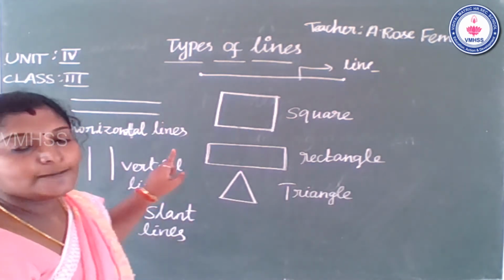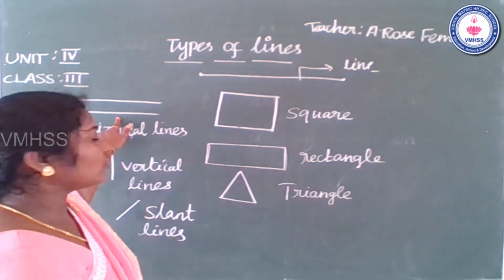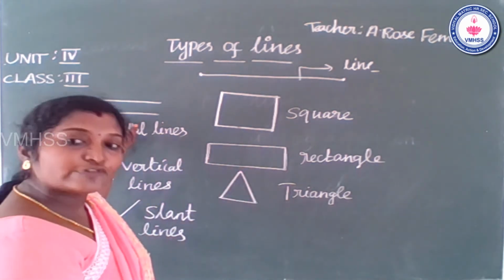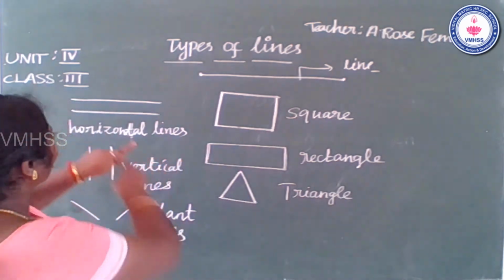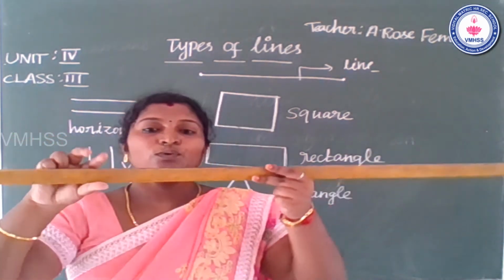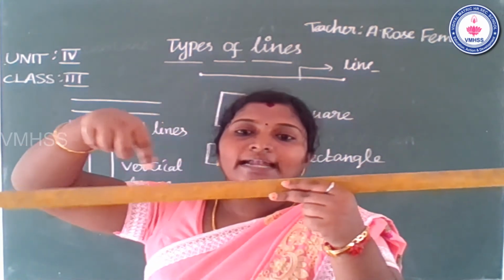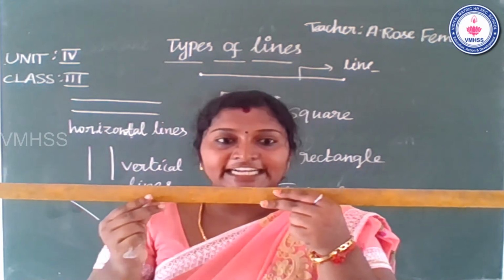This is a vertical line. Second, horizontal lines. Horizontal lines are straight and perpendicular to vertical lines.